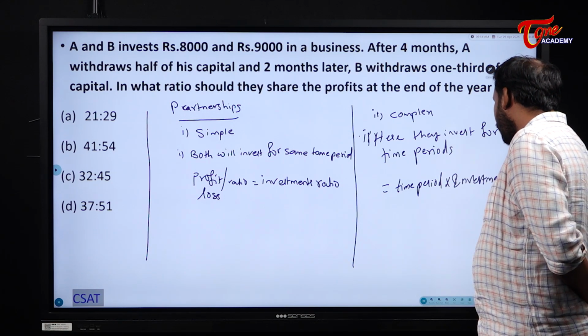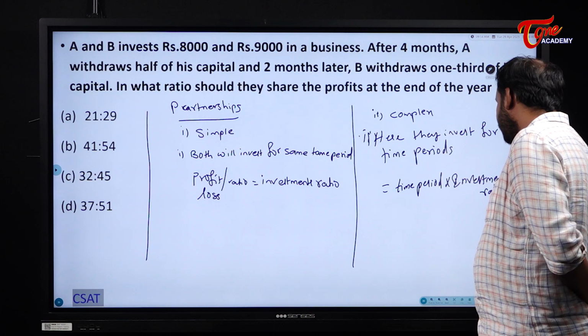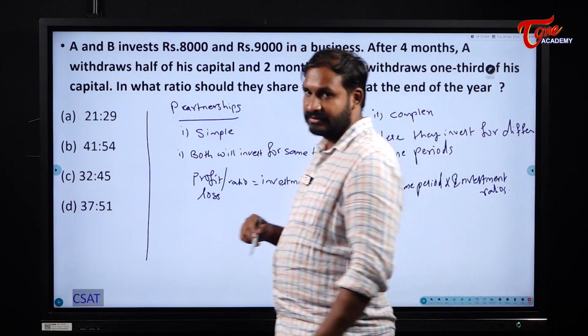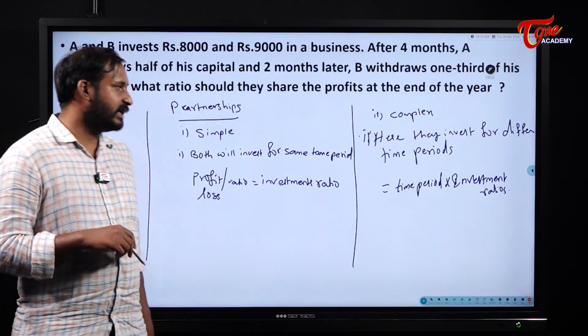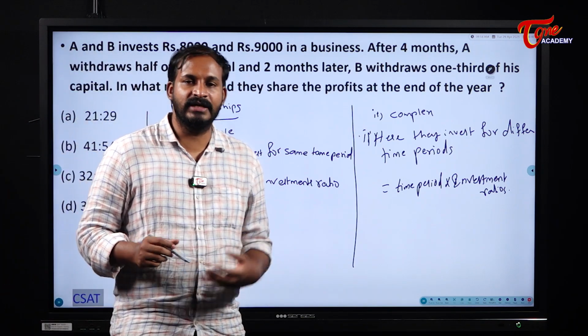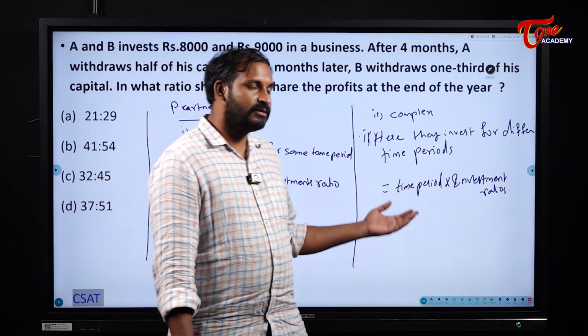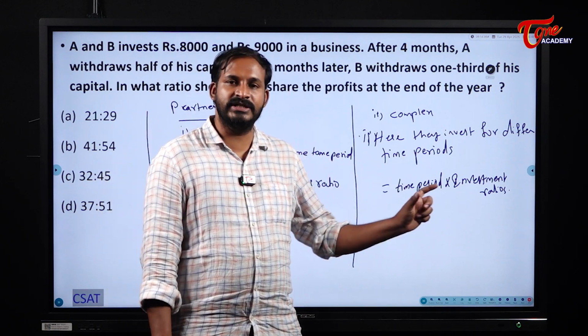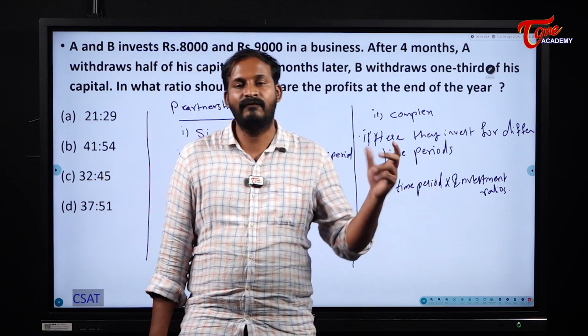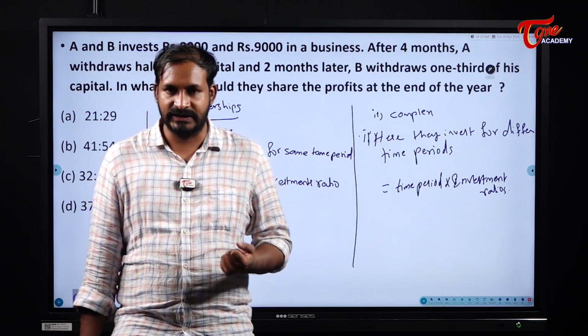That means at what time periods they have invested and their investment. We should also consider the time period. For example, one will invest for 3 months, one will invest for 4 months. So accordingly we should divide, right? So 3 into his investment is to 4 into the other person's investment.